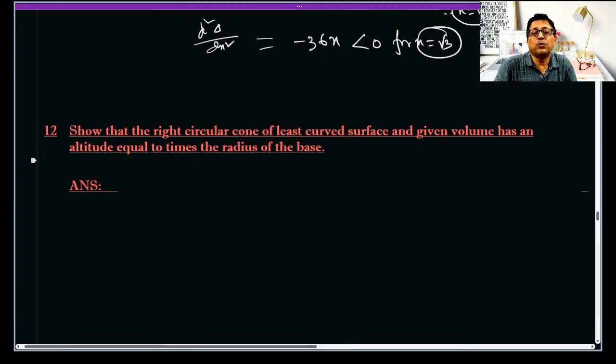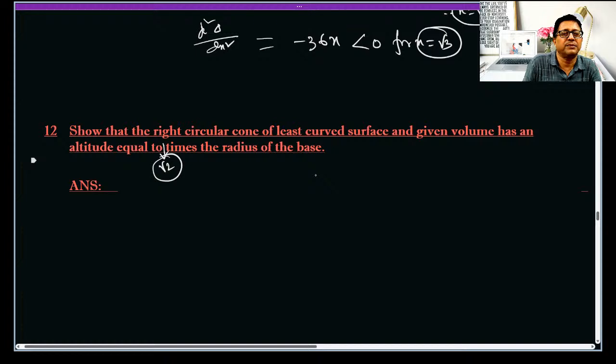So, the right circular cone of least curved surface area and given volume: the altitude is how many times the radius of the base? I think it was root 2. Let us see. This is not a difficult one.